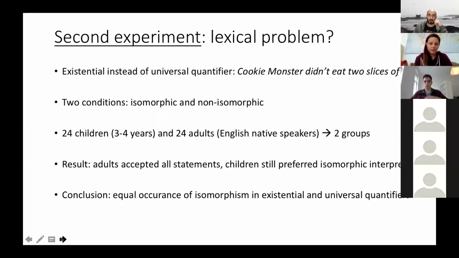The second experiment was trying to find out if this is... sorry. Can I ask you one thing? So what did it mean that they found the facilitation? The children accepted the non-isomorphic interpretation of the puppet a lot more when they had the quantifier in the object position.